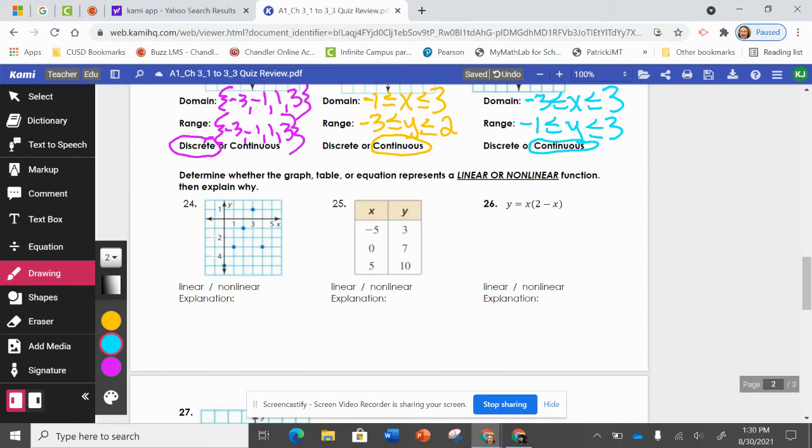All right, linear or nonlinear, and why? Well, if I look at these dots, I have to come back down to grab this other one. So this is going to be nonlinear. Your explanation can be it is not a straight line.